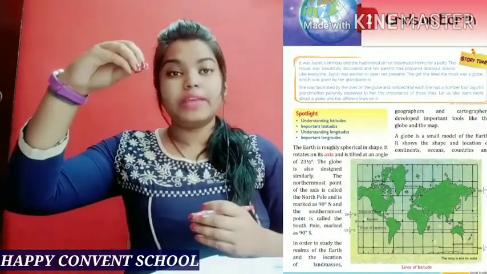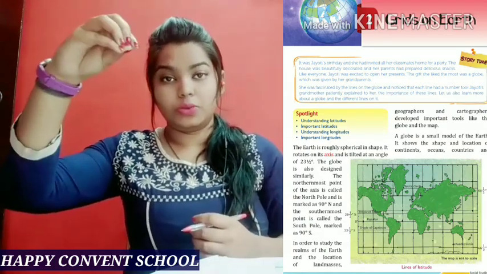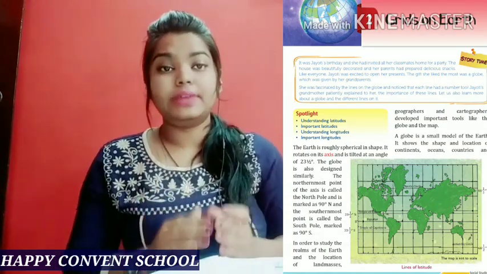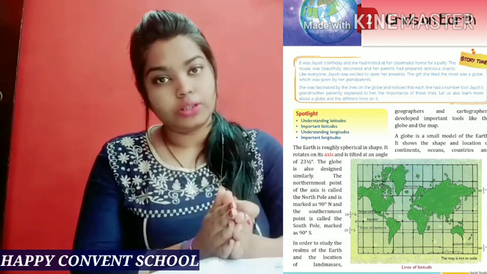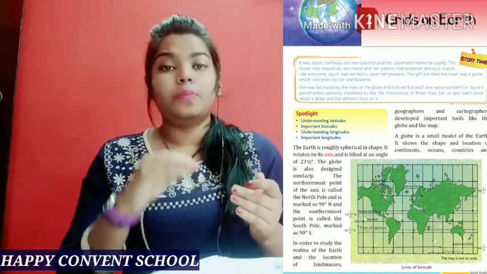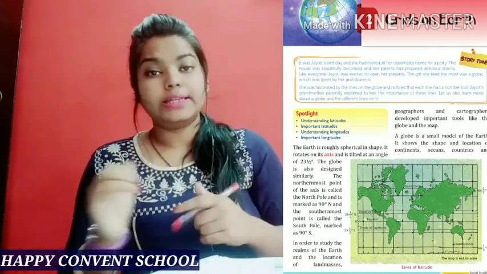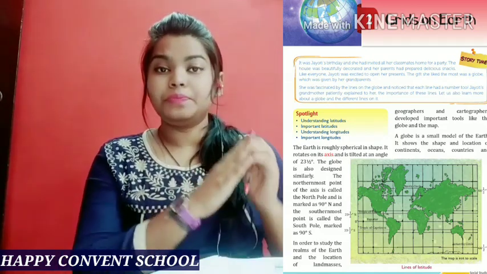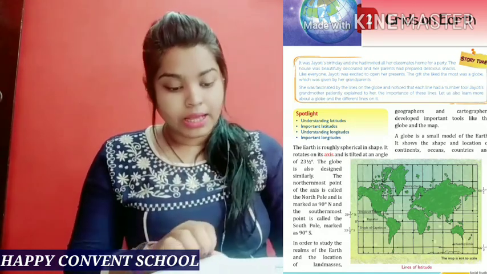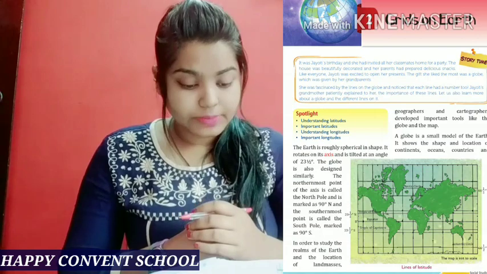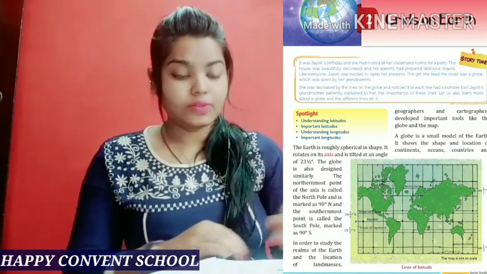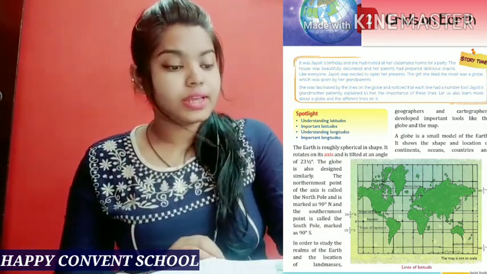The northernmost point of the axis is called the North Pole and it is marked as 90 degree N for north. The southernmost point is called the South Pole and it is marked as 90 degree S as in south.